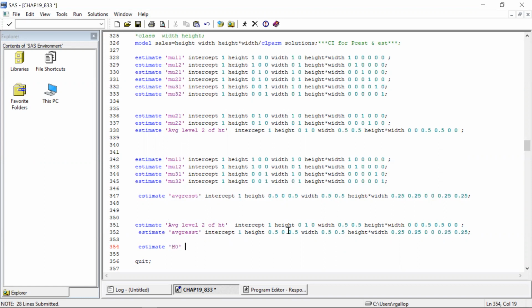So height, subtract 1 from the other. So this becomes minus 0.5, 1, minus 0.5. Remember, the terms in this add up to 0, so it's truly a contrast.